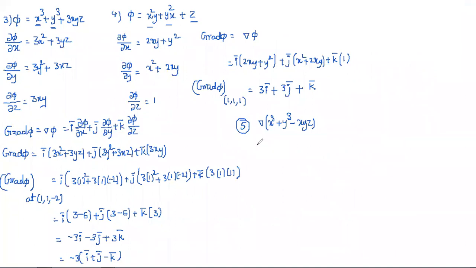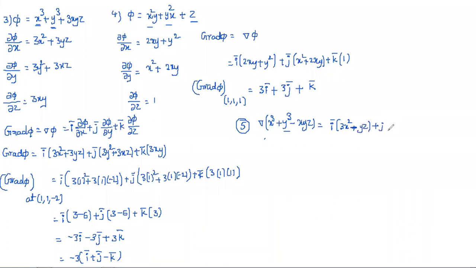So this is simply i into dou by dou x of this whole expression. Dou by dou x of this is what we'll get: 3x square plus, is there anything else? No, there is no x term in y cube, and here it is minus, the derivative of x is 1, so minus yz.